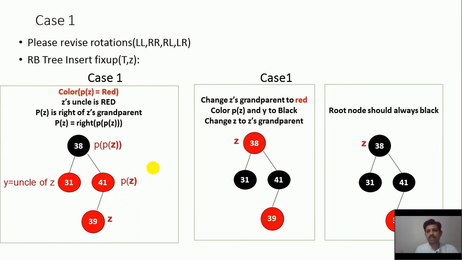We will color P of G and uncle black, and the grandparent red. If the grandparent is the root node, then make it black. The third step is to change G to G's grandparent, meaning we make the grandparent the G node.